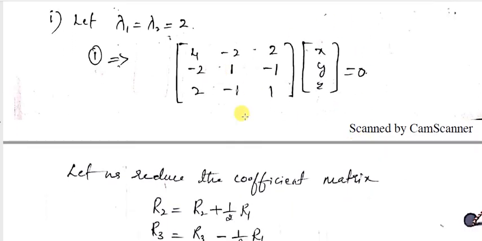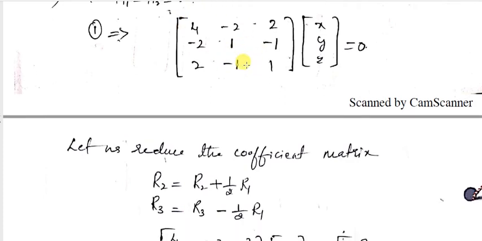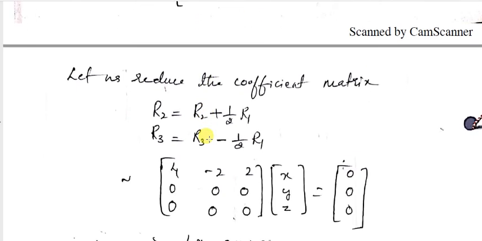Before writing the equivalent system of equations, I will first reduce this coefficient matrix through row transformations. The simple operations I can use here are R2 equals R2 plus 1 by 2 times R1, and R3 equals R3 minus 1 by 2 times R1. Then this coefficient matrix reduces to 4, minus 2, 2, 0, 0, 0.